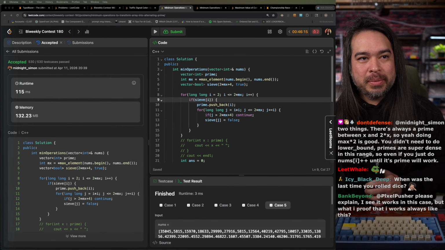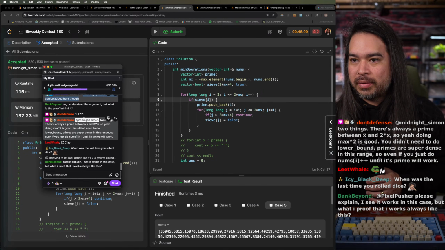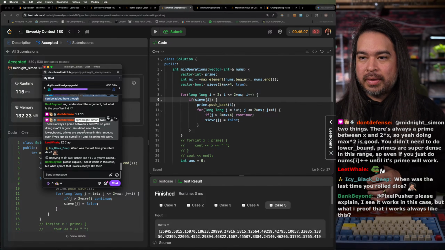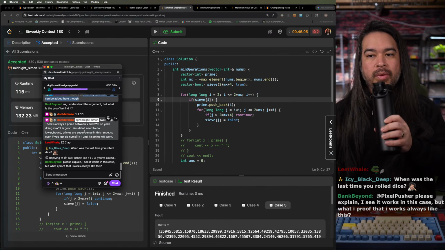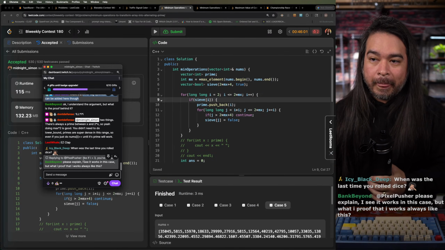All right, hey, Pixel Pusher, you're telling me about some other optimization. What was that? See, it works in this case.